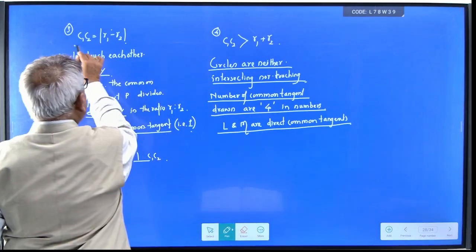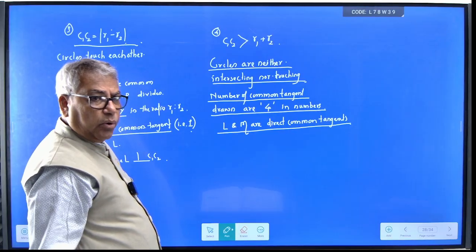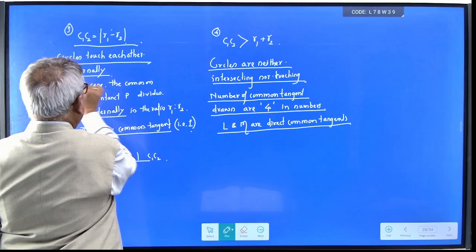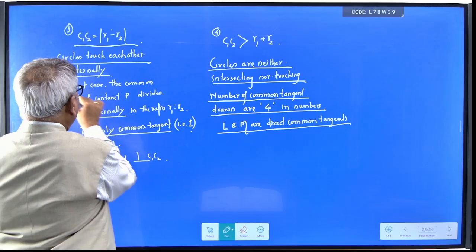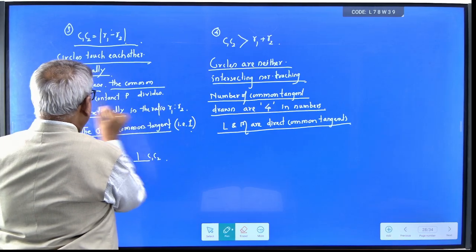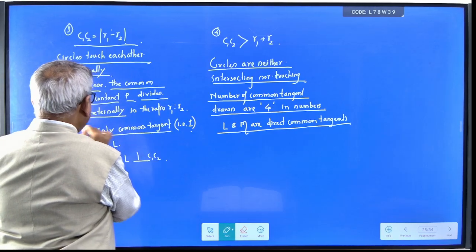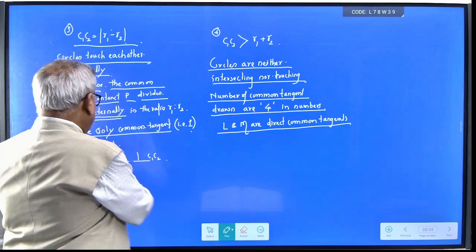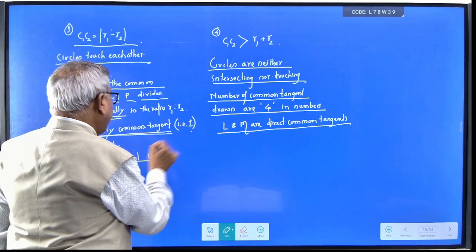For internal touching, first the distance C1C2 must be equal to mod of R1 minus R2. The circles touch each other internally, and in that case the common point of contact P divides C1C2 externally in the ratio R1 to R2, as we have just seen. And there is only one common tangent.